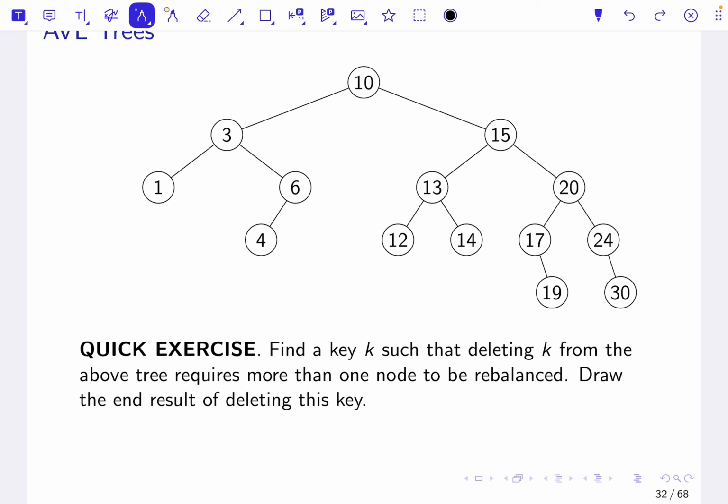Turns out 1 is the node that ruins the balancing. So we've got trees of height -1 and 1 on node 3. So we're going to have to rebalance node 3.